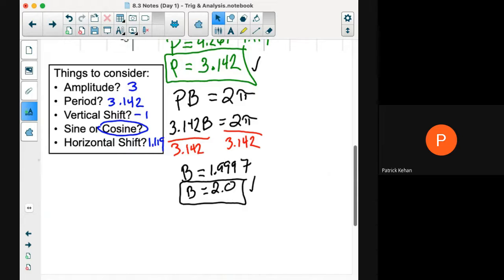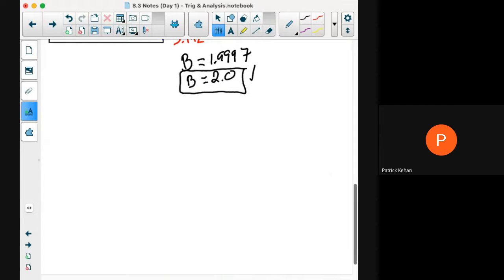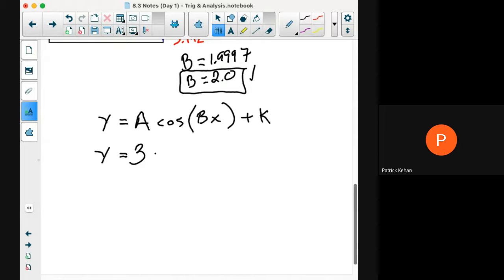So at this point, we're going to jump into writing the function rule, which is y equals a cosine b times x minus h, plus k. In this case, it's going to be y equals 3 cosine of, and you've got to be careful here as you write this, angular frequency 2, and then we want to group x minus 1.119, close the group, and then plus that negative 1 value, minus 1.